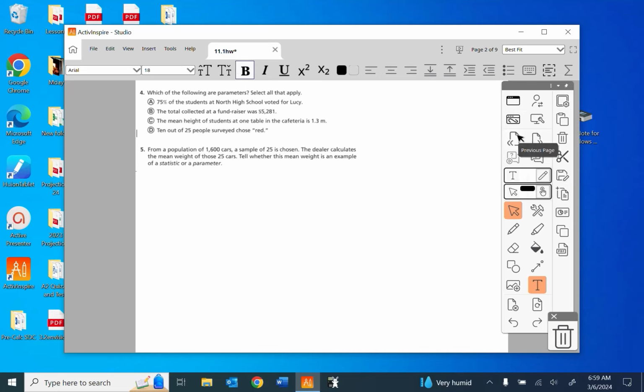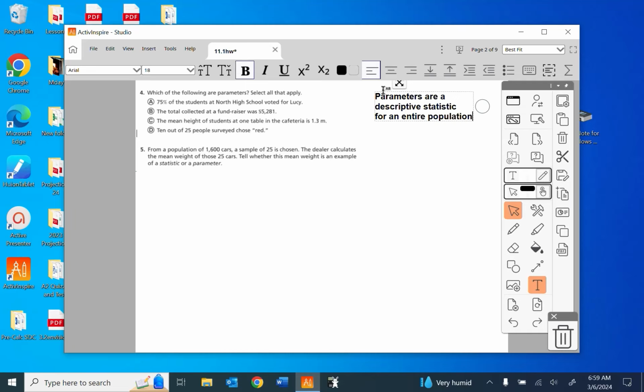Number 4, which of the following are parameters? Select all that apply. So this is a select all. A parameter is a descriptive statistic for an entire population, not just a piece of the population.